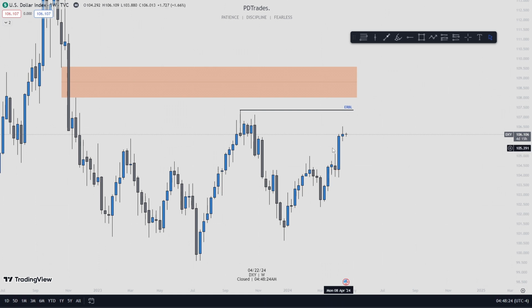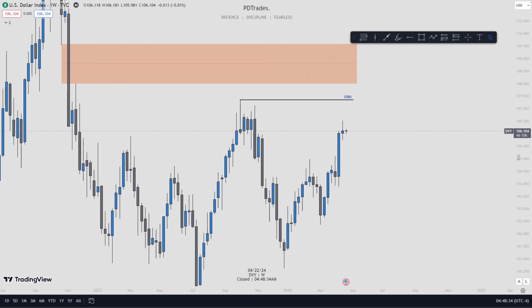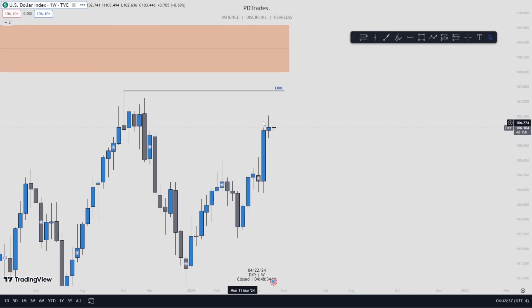So currently this is what's going on, and as I can tell, the price, the dollar, is currently drawn to this buy side liquidity. So currently we are here. It's been making higher highs, right?